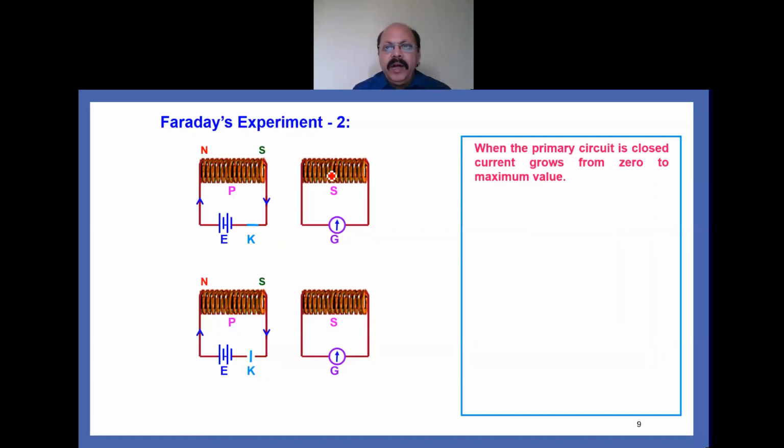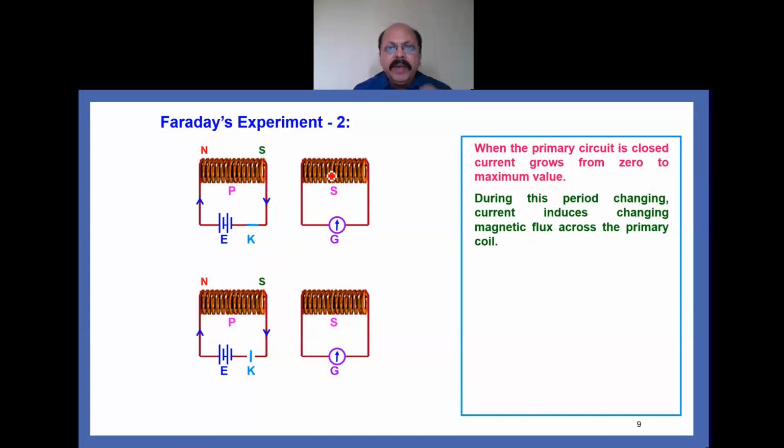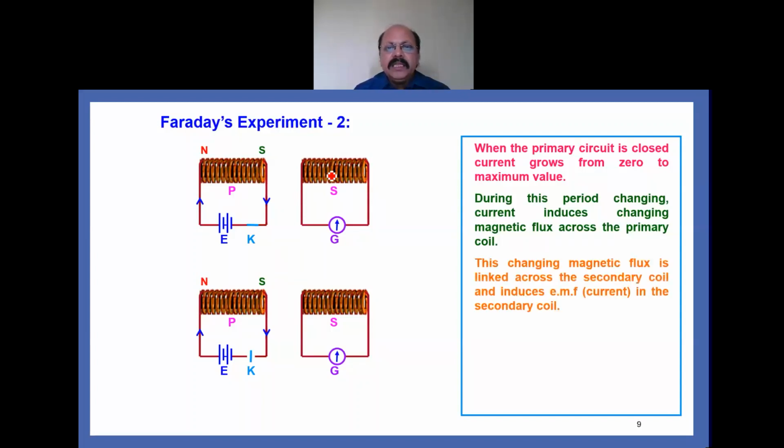When the primary coil is closed, current goes from 0 to maximum value. During this period, changing current induces changing magnetic flux across the primary coil. This changing magnetic flux is linked across the secondary coil and induces EMF in the secondary coil.